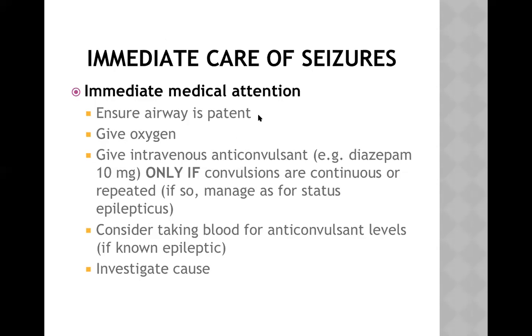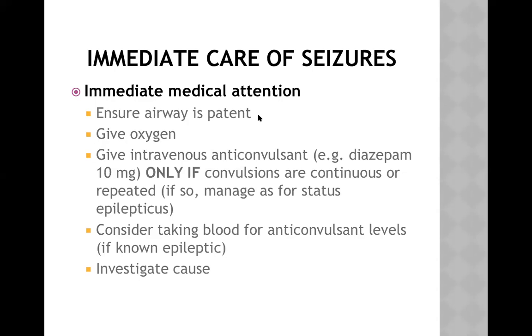Second is slightly extending the neck or head, which is done by putting a pillow or a fold of towel beneath the shoulder. If we do that, the neck or head will be slightly extended and the airway will be straight. There's no chance of blocking the airway if we do this.